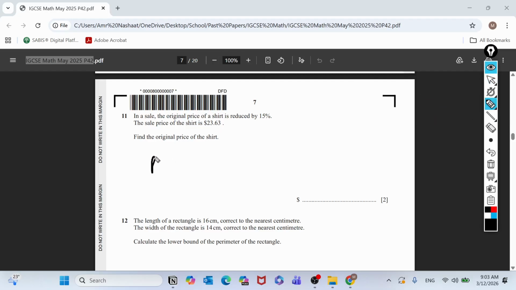Okay, so the original price minus 15% of the price, so 15 over 100 of the price, so times P, is going to give you 23.63. If you do 23.63 plus 23.63 times 15%, that's going to give you a wrong answer, okay?